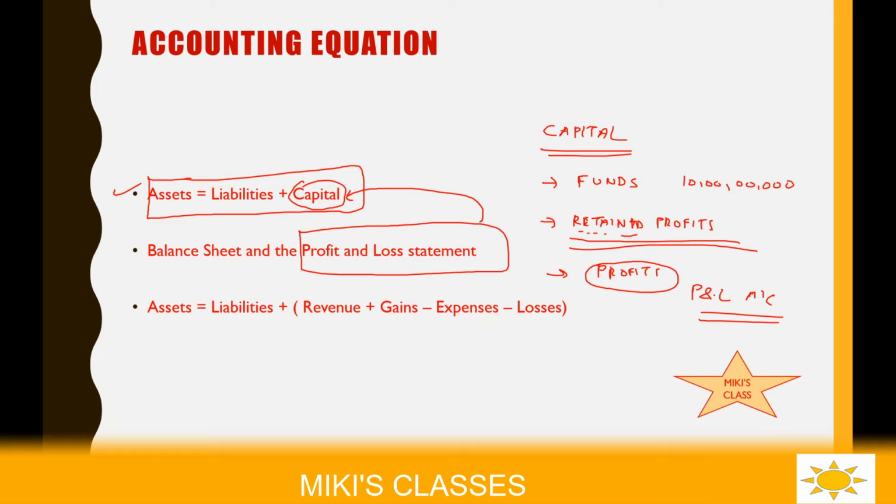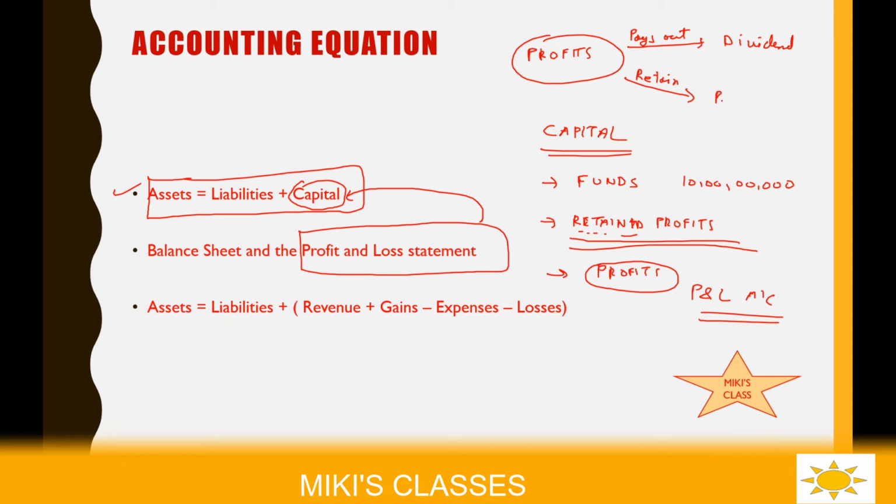Okay. And earlier P&L accounts would have told you how much is the retained profits. When a business makes profit, just to quickly touch upon the point, it either pays out to whom? To the owners, right? This is called as dividend. Or it can retain, which means keep.